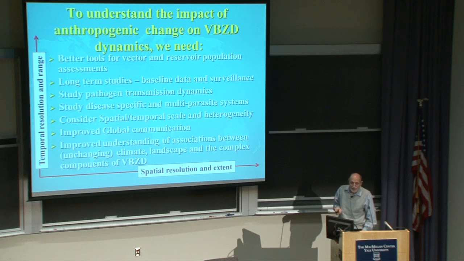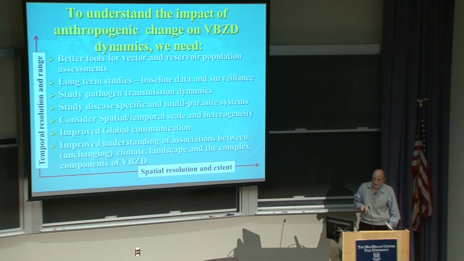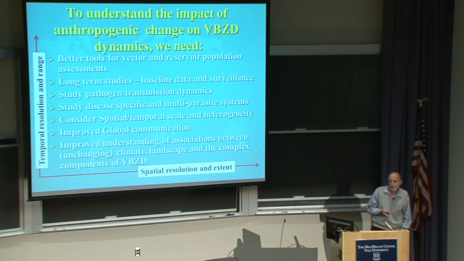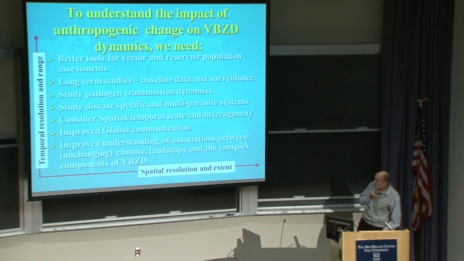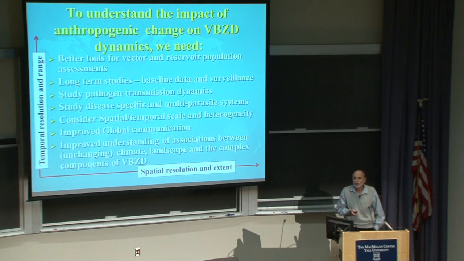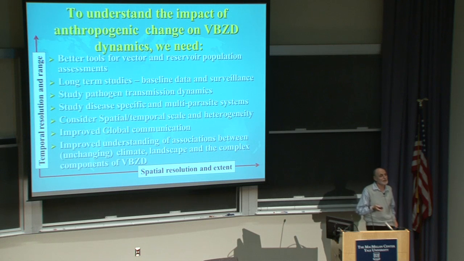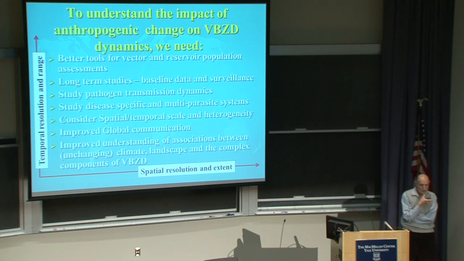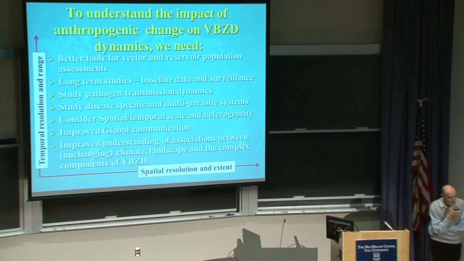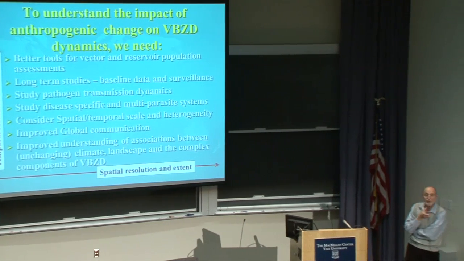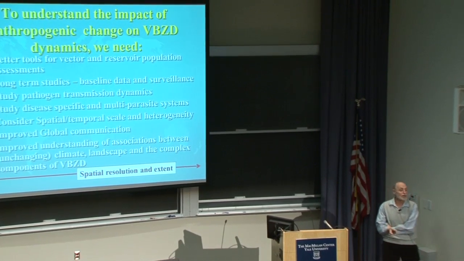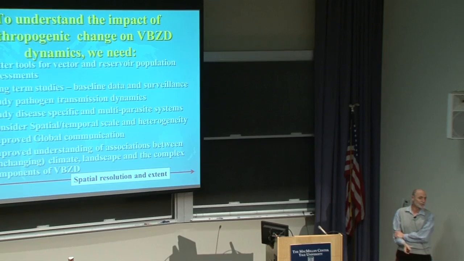So to understand the impact of anthropogenic changes, including climate change, on the transmission of vector-borne zoonotic diseases, I kind of echo what Matt was saying. There's a lot of stuff we don't know yet. In fact, one of the things I say is, if you really want to make predictions about climate change and transmission of a vector-borne zoonosis, do we really understand how weather impacts the behavior of the mosquito?